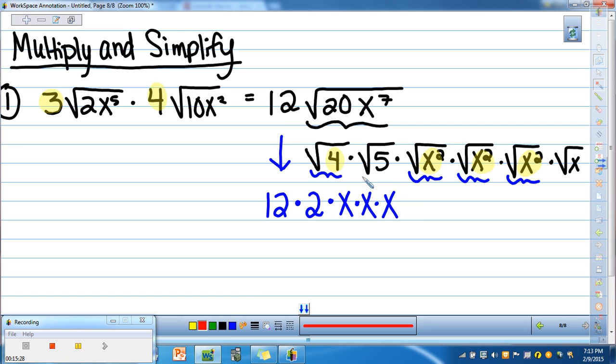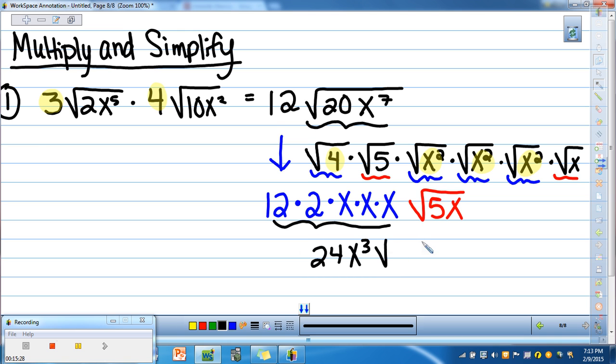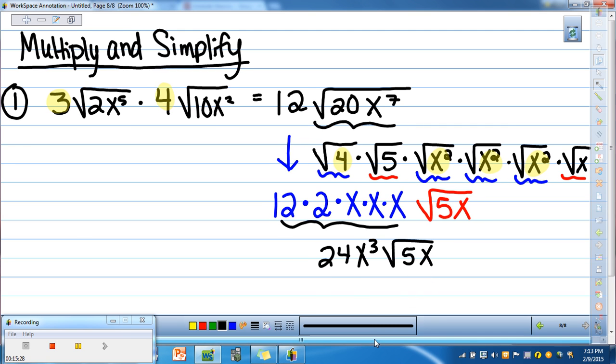And then the final pieces are leftovers. The square root of 5 times the square root of x. We're going to stay inside the radical as just the square root of 5x. Multiply all of the components together in front, giving us 24x cubed times the square root of 5x.